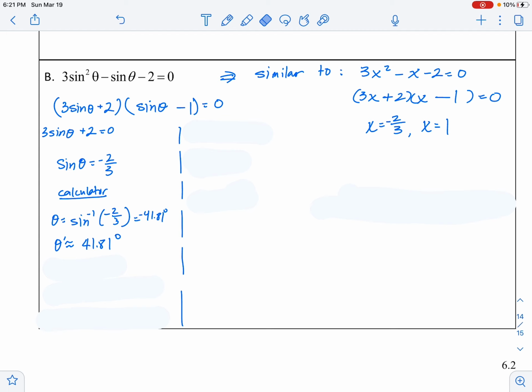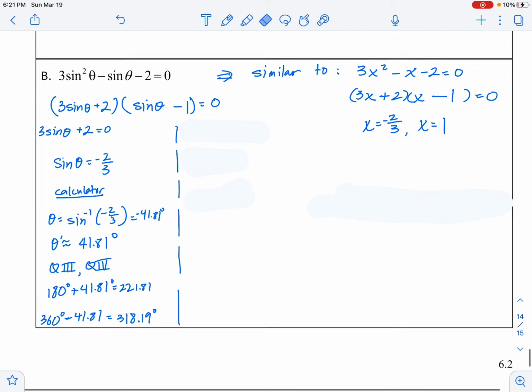So sine is negative in quadrants 3 and 4. So I'm going to go ahead and do 180 plus the reference angle and 360 minus the reference angle to find it in those two quadrants.